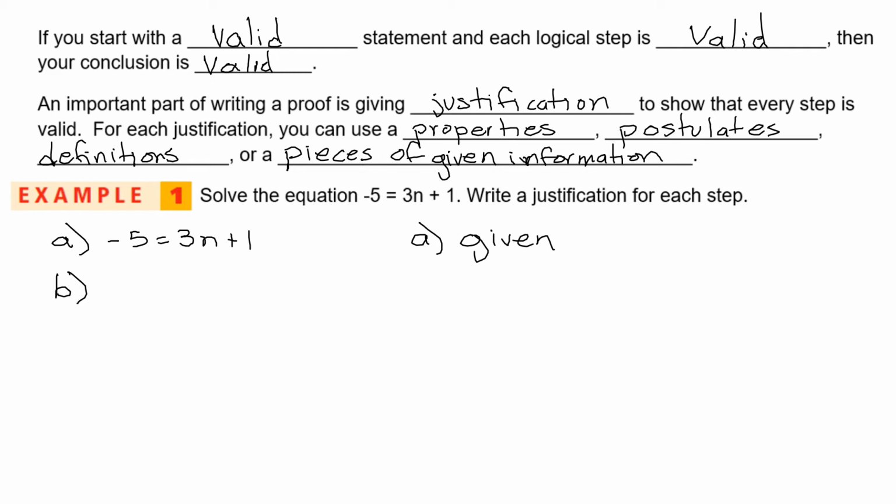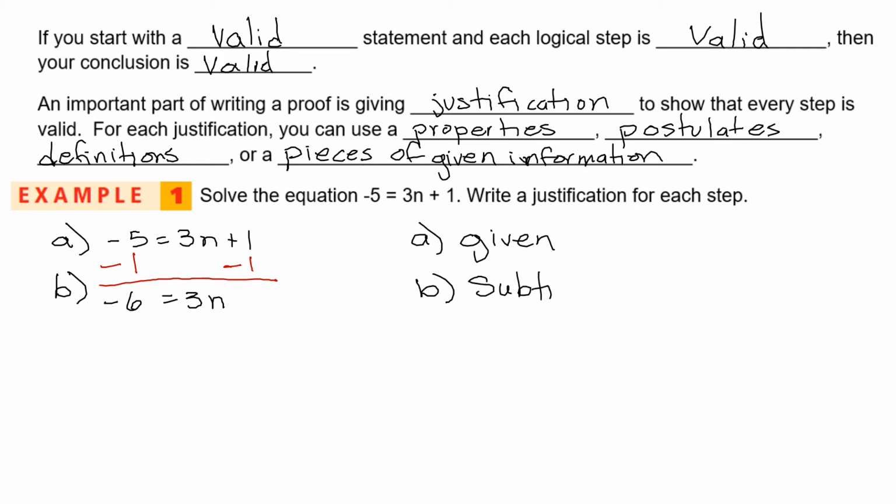After that, we're going to solve this like we normally would. So we have -5 equals 3n plus 1. We're going to move that +1 to the other side by subtracting. And we end up with -6 equals 3n. And because we subtracted, that is our justification.